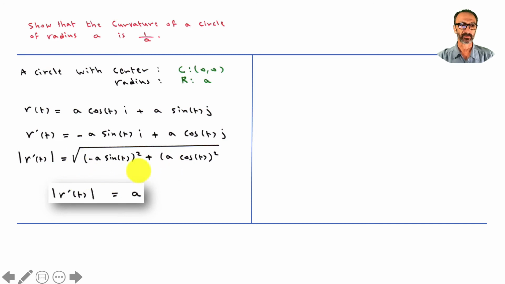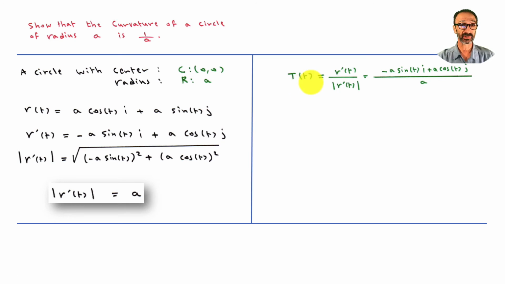I think we're ready now. Let's take a look. T of t was mentioned as the unit tangent vector, which is r prime divided by its magnitude to make it a unit tangent vector. We have r prime, we have the magnitude. Divide this by this, a will cancel, as you can see.